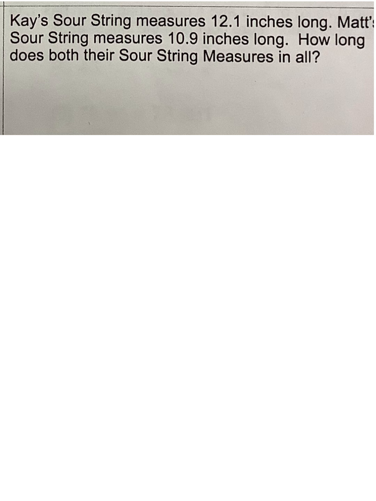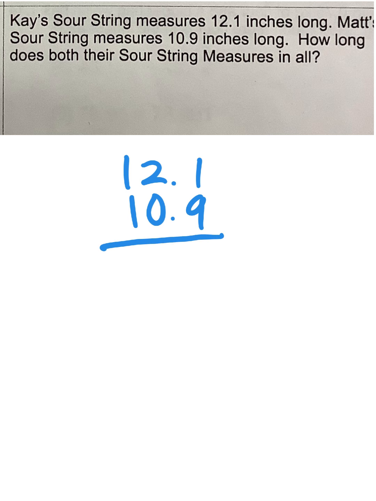So here it says K's sour string measures 12 and 1/10 inches long. Matt's sour string measures 10 and 9/10 inches long. How long do both their sour strings measure in all? Before I even write an operation, we want to make sure that our decimals and place values are lined up correctly.